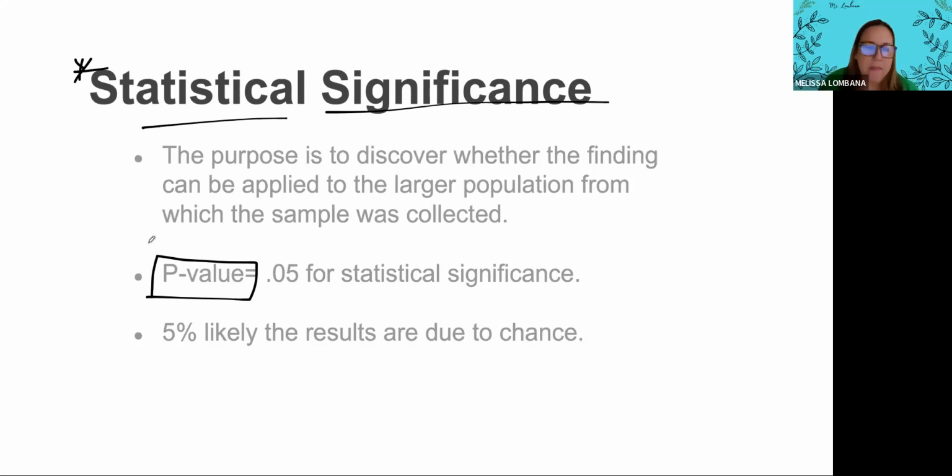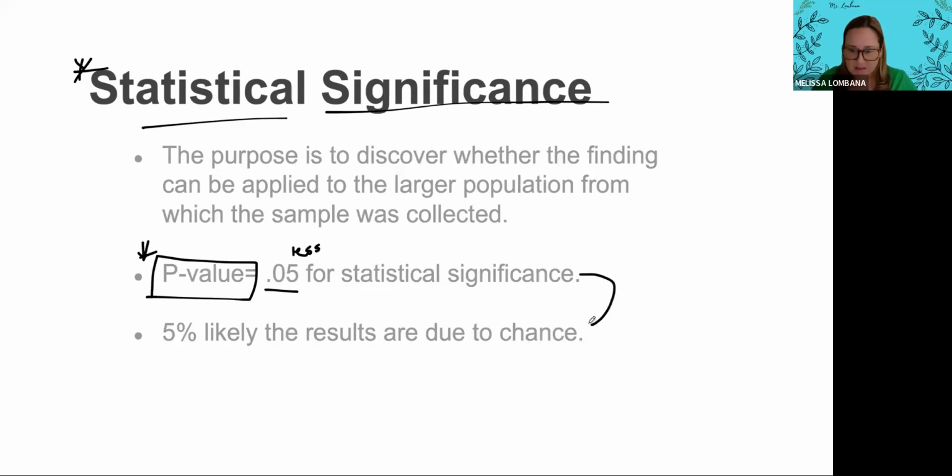Now there is what's called the p-value, which is the same thing as statistical significance. Your goal is always 0.05 or less. We get this number from the t-test, and we want it to be less than 0.05. What does this mean and what do you need to know?